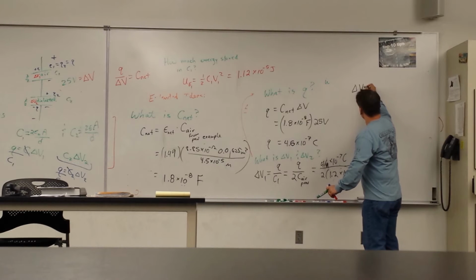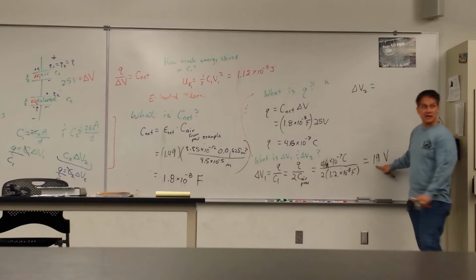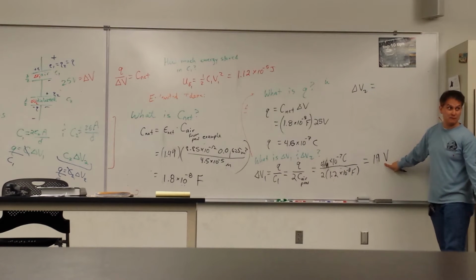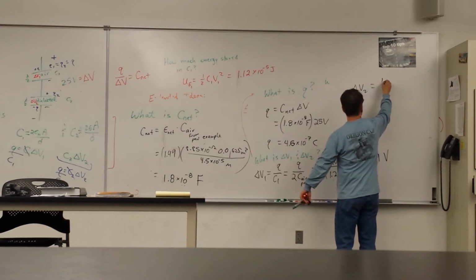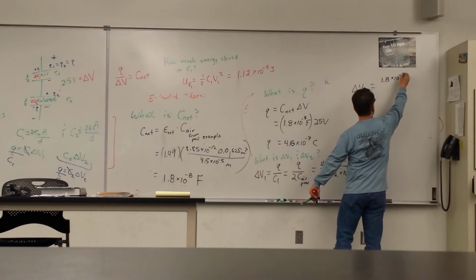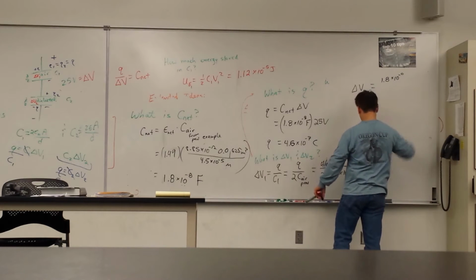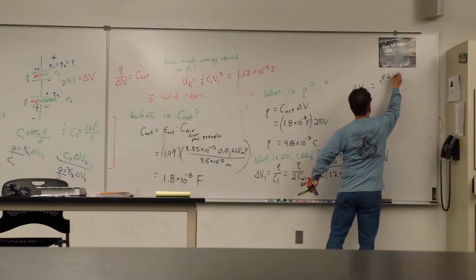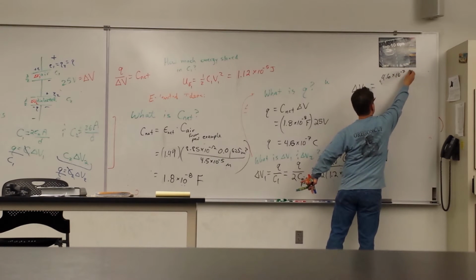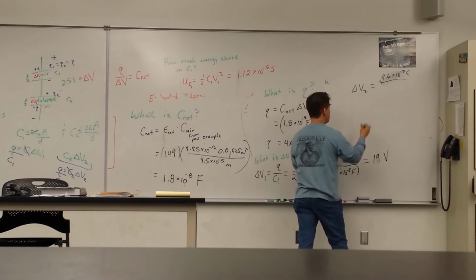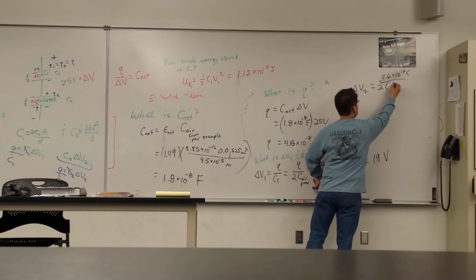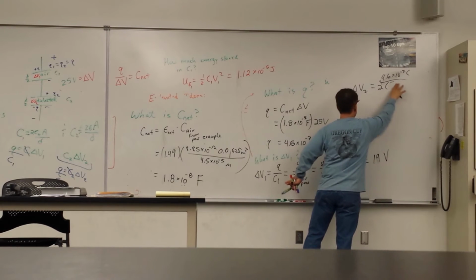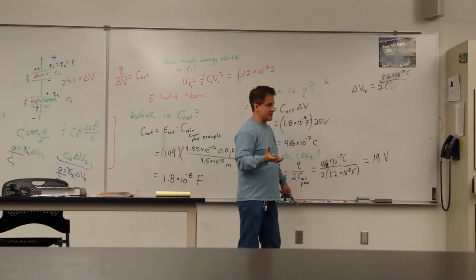And the other one, delta V2, we could either calculate by taking 25 minus 19, so it should be about 6. Or we could say 4.6 times 10 to the negative 7 divided by 2 times C dielectric previously, which was 3 times this, or about 3.6.